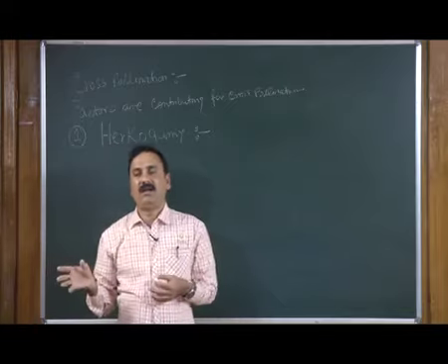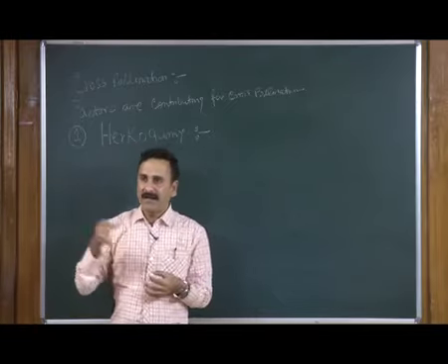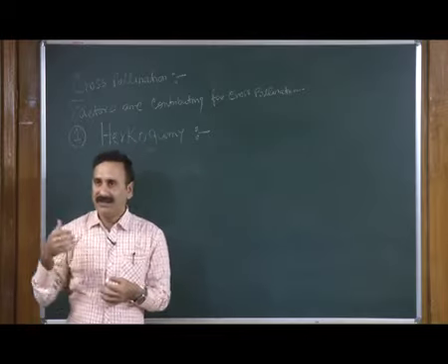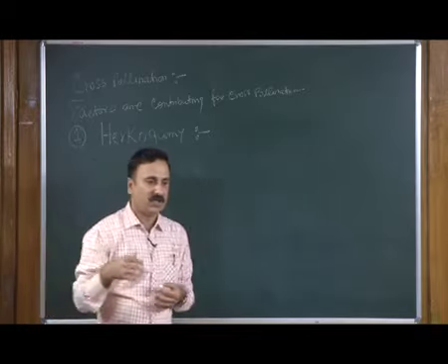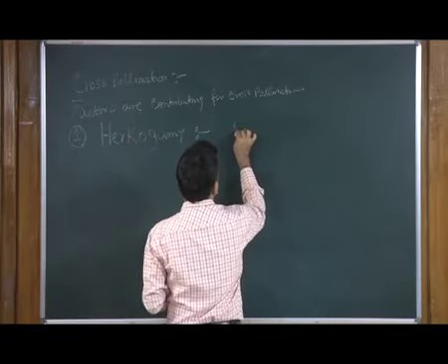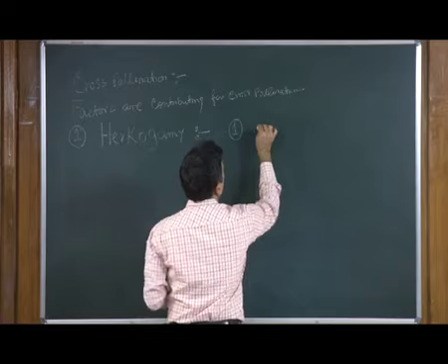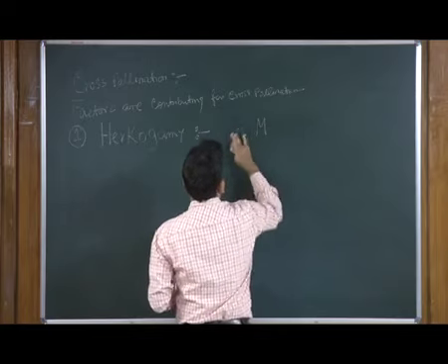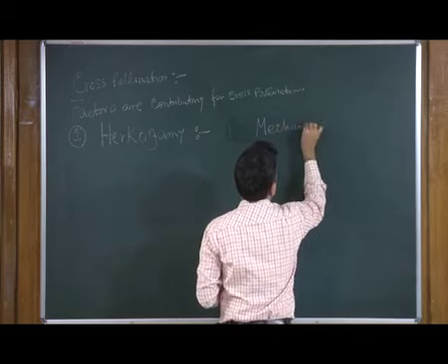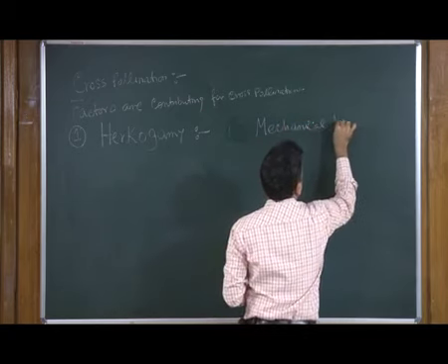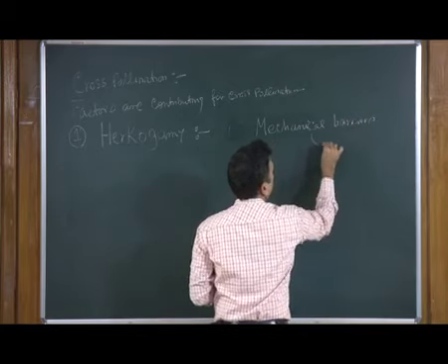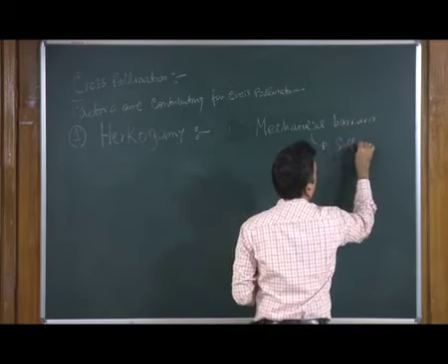This mechanical barrier has to be removed by an external agent to facilitate the pollination, and in these cases only cross pollination is possible. So hercogamy means that the plants have mechanical barriers and that prevents self pollination.